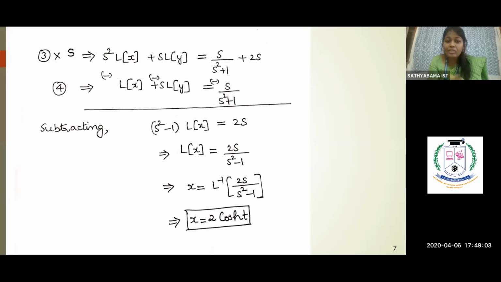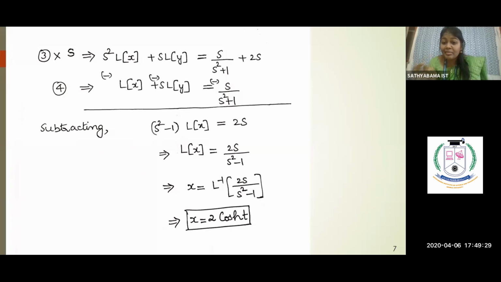Now I'm going to subtract. Why subtract? Because only if I subtract, L of y gets cancelled. So let's subtract. So L of y is out, and I have an equation in L of x now. What is the coefficient of L of x on the left hand side? In the first equation I have s square, in the second equation I have minus 1. So I will have s square minus 1 into L of x is equal to, on the right hand side, s by s square plus 1 minus s by s square plus 1 gets cancelled.